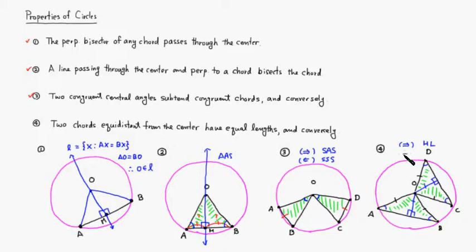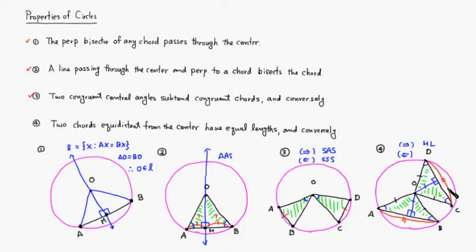For the converse, we don't know that they're equidistant, but we know that they have equal length. So let's say AB and CD have equal length. We have to show that these are equidistant from the center.